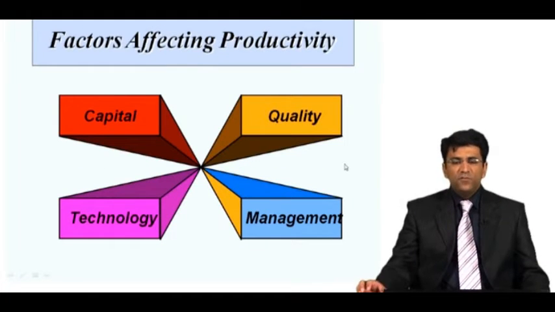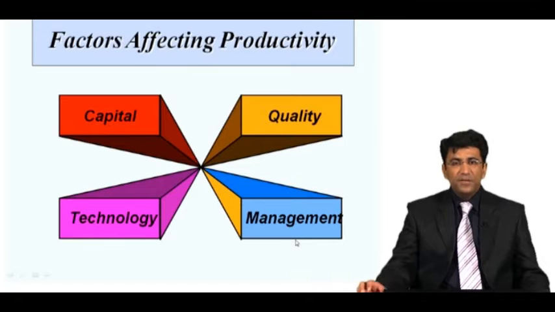Students, there are some important factors with respect to productivity, and if we give due consideration to these factors, we can enhance productivity in our organizational settings. These factors are capital, like machinery, then quality, that is the quality of goods and services, then technology, which may be used in the transformation process to produce the final goods and services.